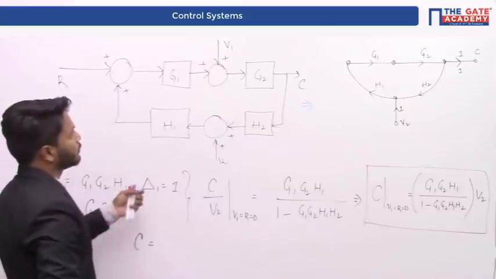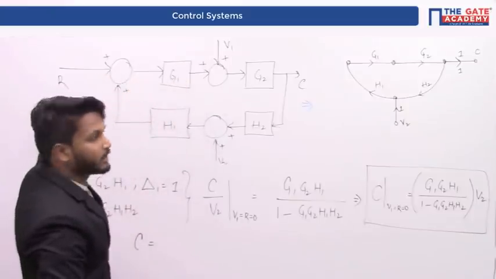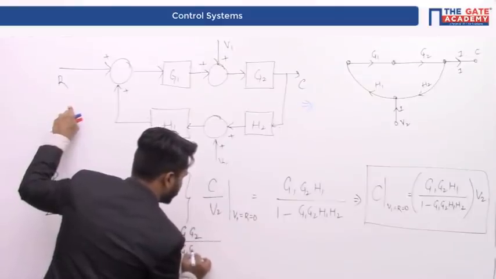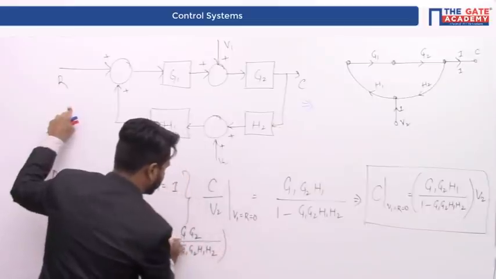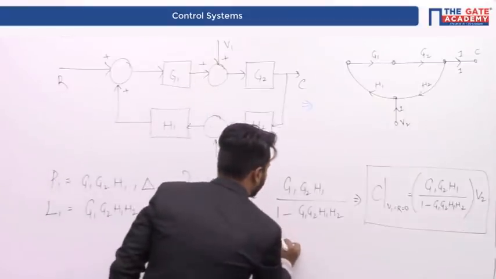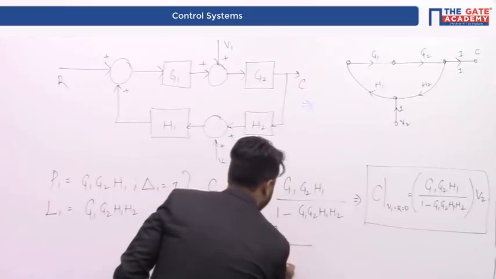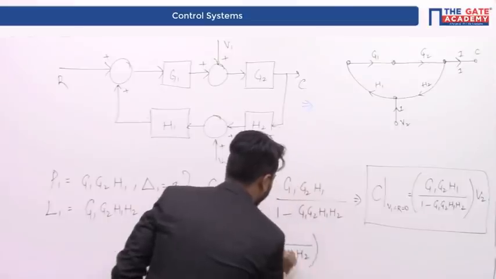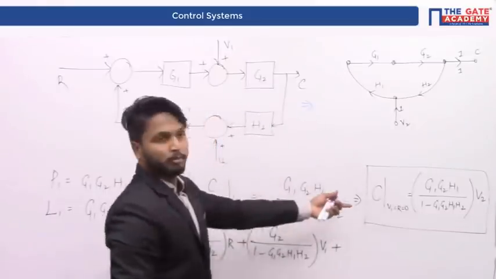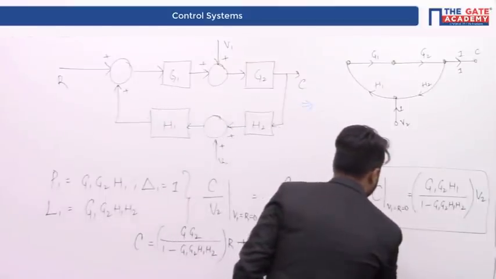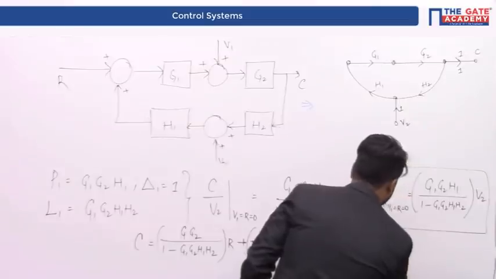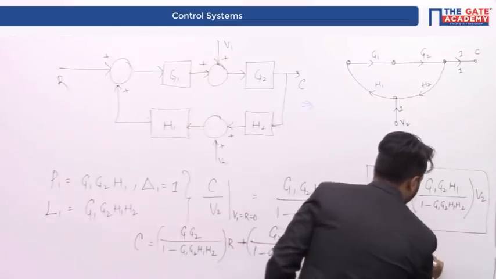That is, C is equal to, when only R is present, the output was G1, G2 divided by 1 minus G1, G2, H1, H2 multiplied by R, plus the output when only V1 is present, that is G2 divided by 1 minus G1, G2, H1, H2 multiplied by V1, plus the output when V2 is present, that is G1, G2, H1 divided by 1 minus G1, G2, H1, H2 multiplied by V2.